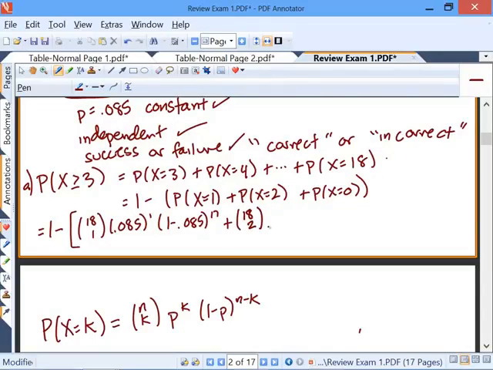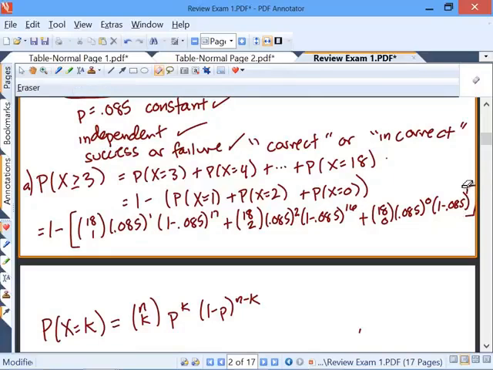So 18 choose 2, 0.085 to the power of 2, 1 minus 0.085 to the power of 16, because if I have 2 successes, I need 16 failures. And we need to do it for 0. So it'll be 0.085 to the power of 0, and 1 minus 0.085 to the power of 18, because I'll need 18 failures.